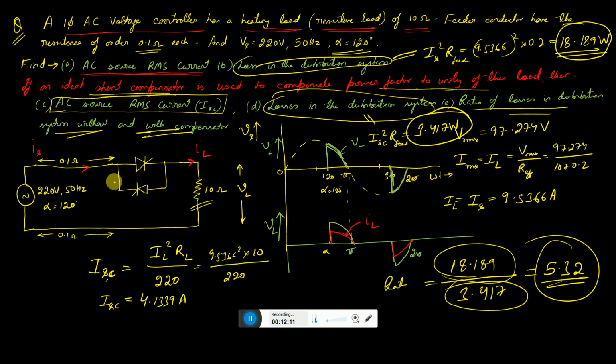Thus in this video we learned how to evaluate the RMS value of the output current in a single phase AC to AC voltage controller, and then we get the RMS value of the current IL. If we use a compensator, then we divide the active power required by the load by 220 volts, and that gives us a current of 4.1339 ampere, which is sufficient to supply the load.